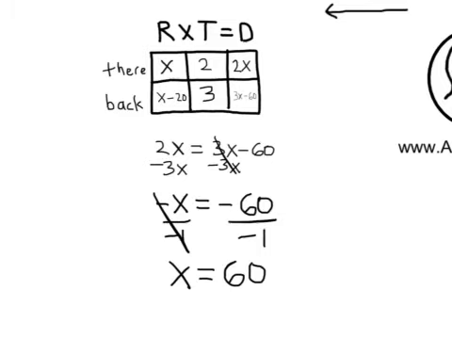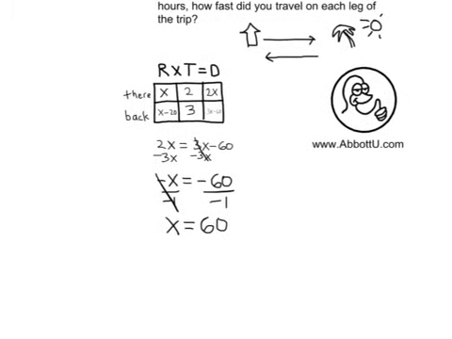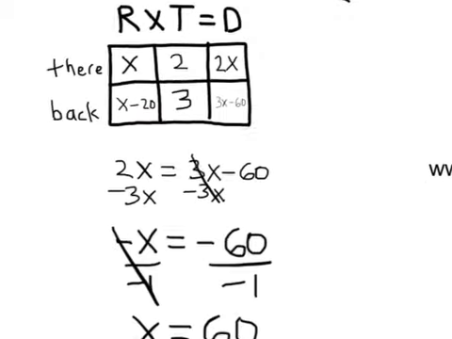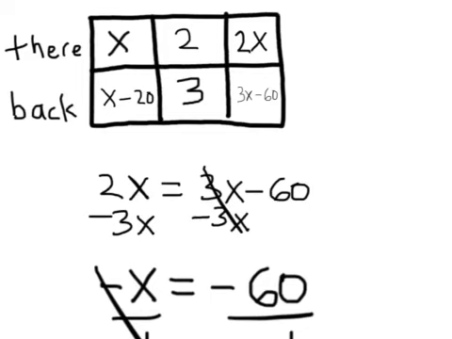So very good. x is 60, so that means that we went 60 miles per hour there. Once again, the problem is not only asking for that particular speed, it's asking for this particular speed as well. And as many of you can see, that would be 40, seeing as how this x is 60 minus this 20.